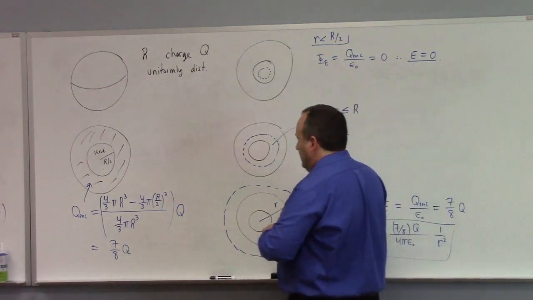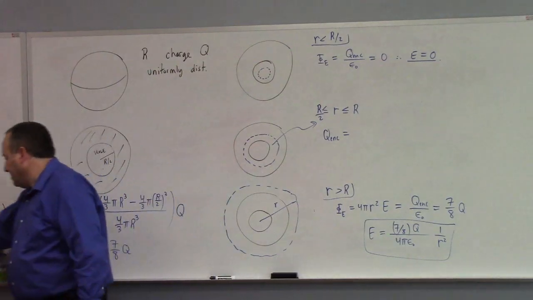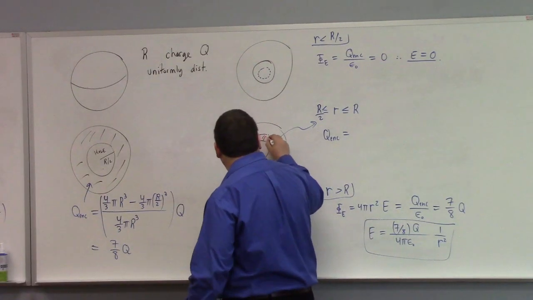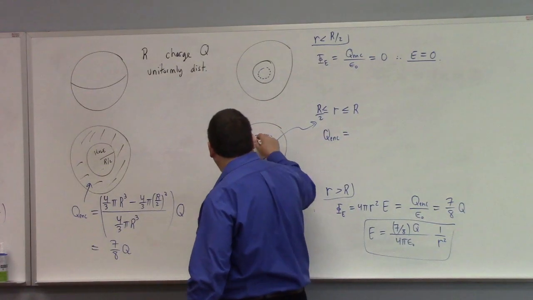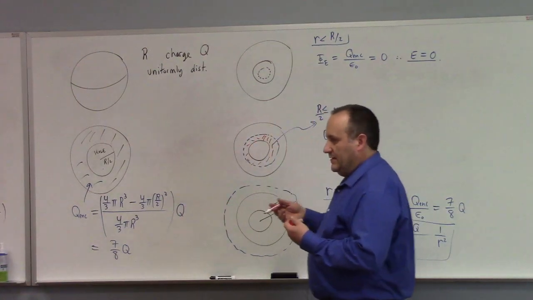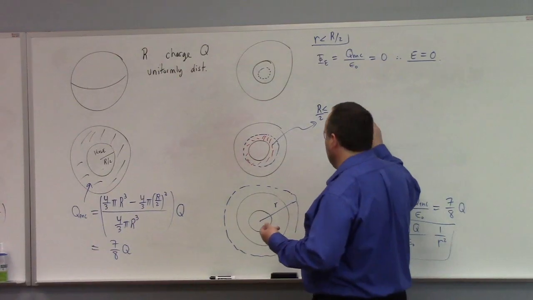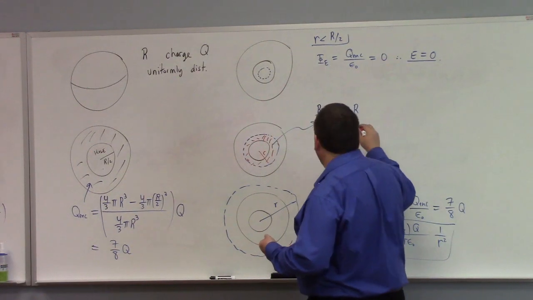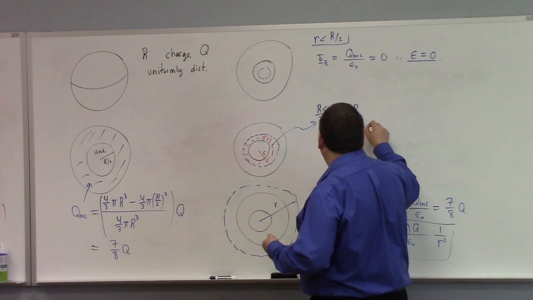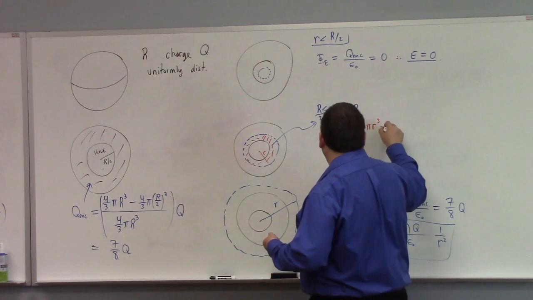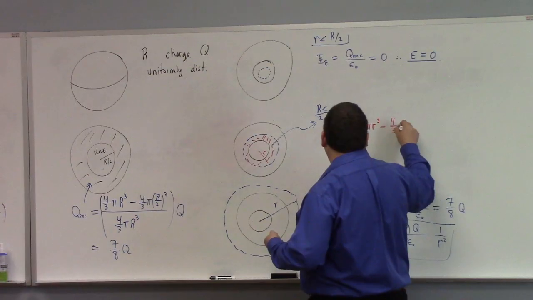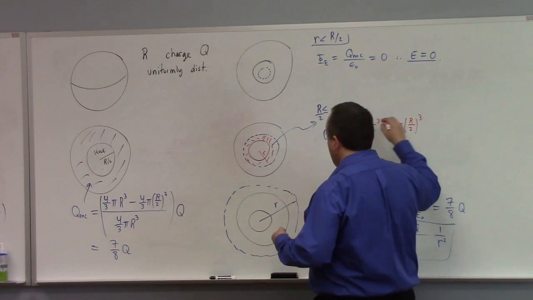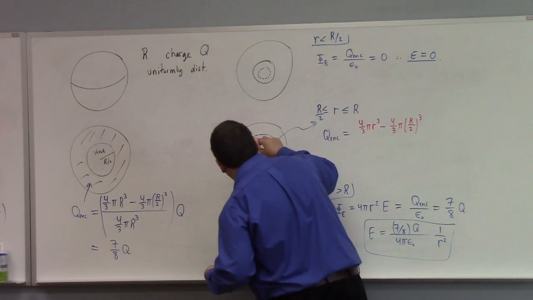What's the volume here? We do the same thing we just did, right? So we do 4/3 pi r cubed minus 4/3 pi R over 2 cubed, right?